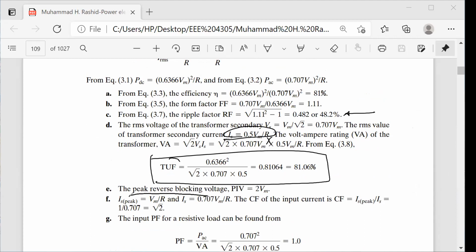The peak inverse voltage is 2Vm, we know that. And then the peak current of the secondary is Vm by R, and Is is 0.707 times that, the RMS value. If you use this formula, you will get root 2. And the input power factor I have already defined.